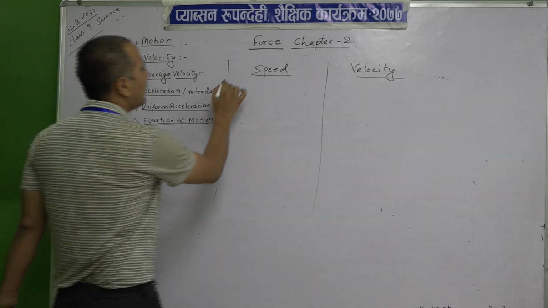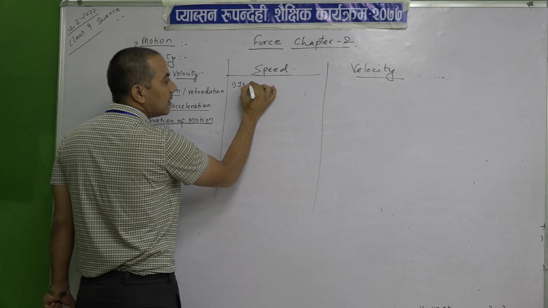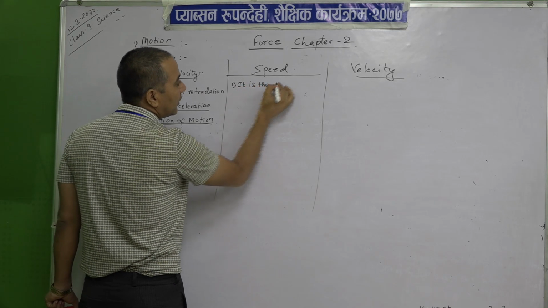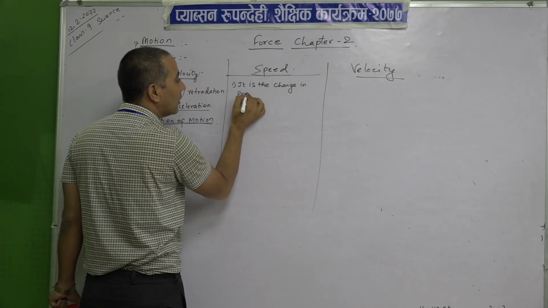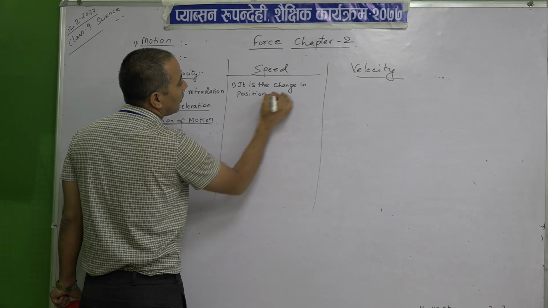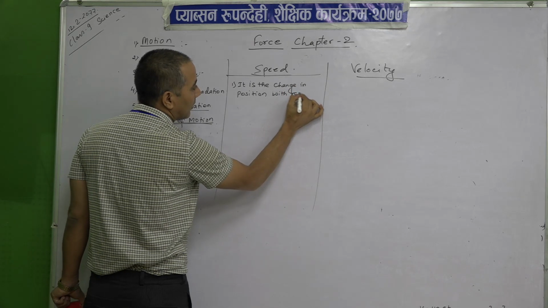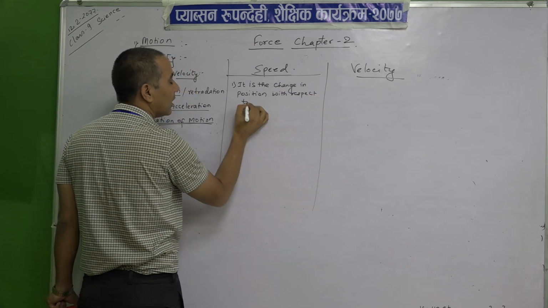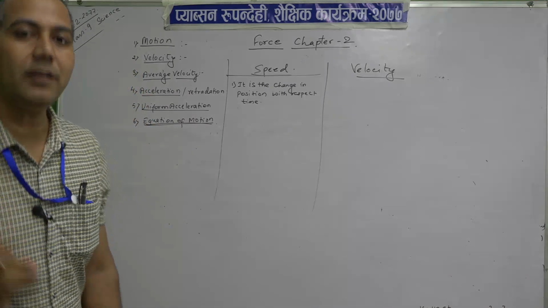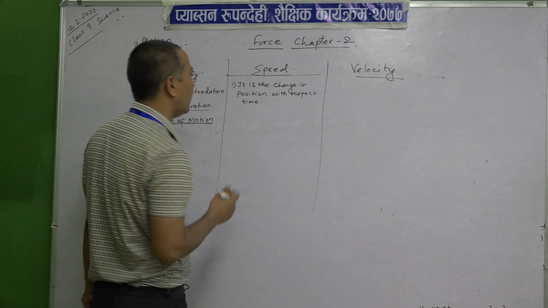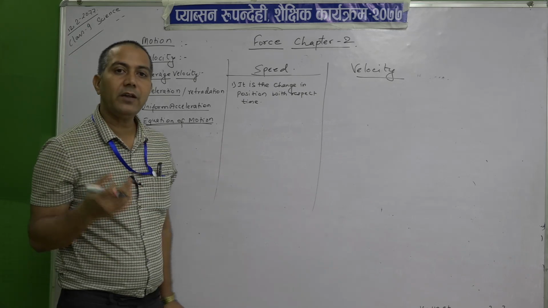The first one is the change in position with respect to time. You can write it in a different way. I am writing this so that you can easily understand what I want to say. That means it changes the position with respect to time.